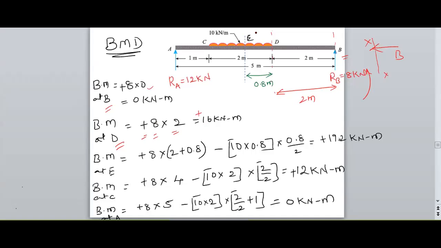Next, the third point is at E. The bending moment at E is the maximum bending moment.